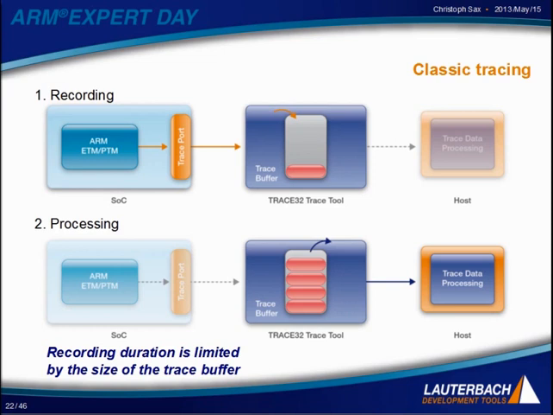The disadvantage of this approach is that the recording duration is limited by the size of this trace buffer. During the processing step, the trace data is transferred from the trace buffer within the trace tool to the host where it is processed.